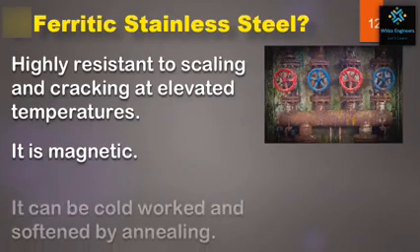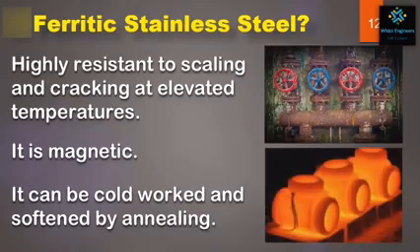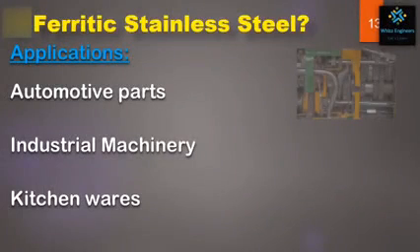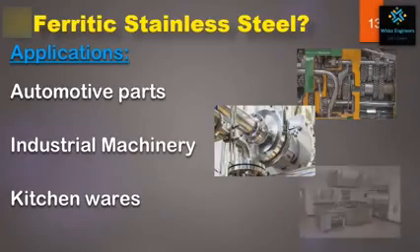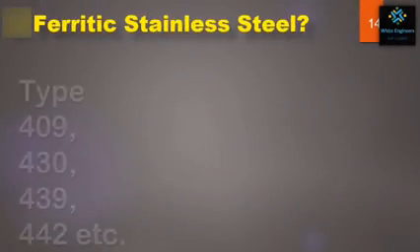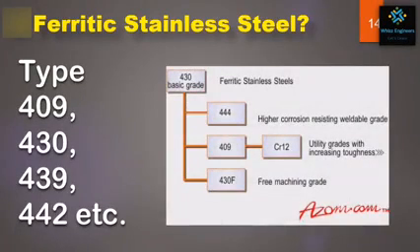It is magnetic and it can be cold worked and softened by annealing. So this type of steel is used in automotive parts, industrial machinery and kitchenwares. Some of the types of ferritic stainless steels are 409, 430, 439 and 442.